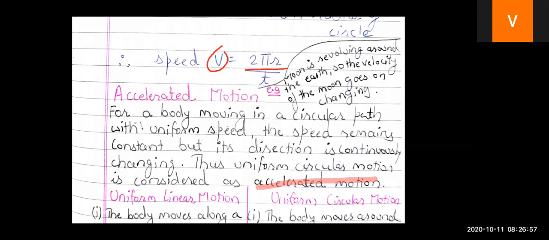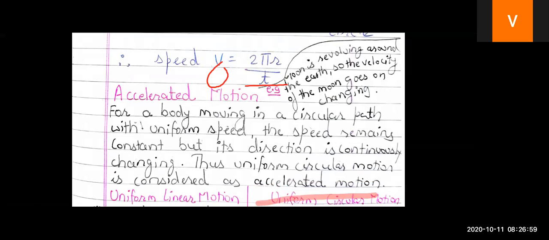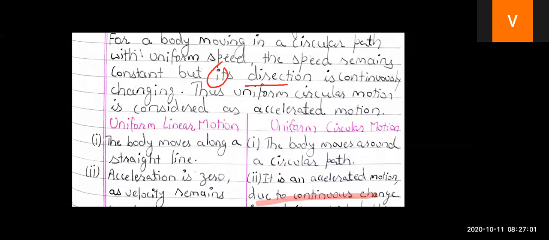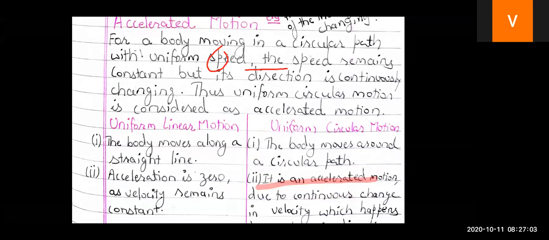Okay, children. So this is the difference between uniform linear motion and uniform circular motion. In linear motion, the body is moving on a straight line, and in circular motion, it is moving on a circular path. In linear motion, acceleration is 0, as velocity is constant, because speed is constant and the object is moving on a straight path, so direction is also not changing.